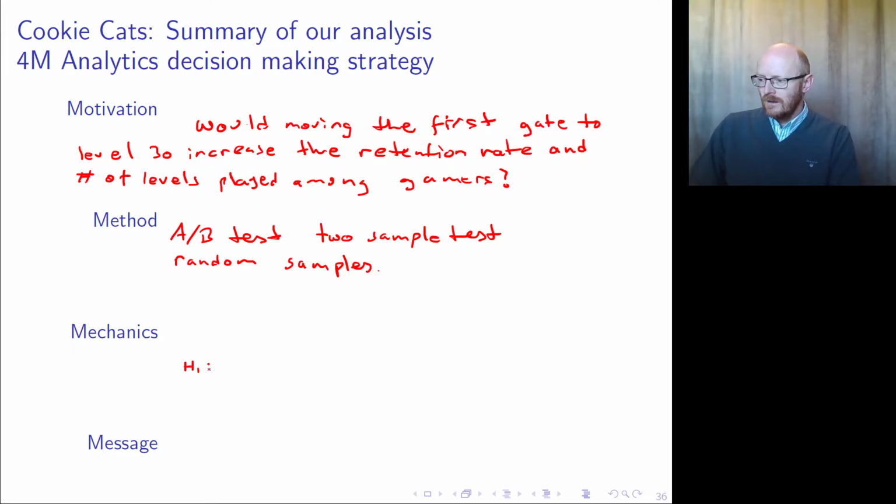For proportions, it would be the retention rate with gates at level 30, less the retention rate at level 40, less this cutoff rate, the cost of implementation, and this should be greater than 0.